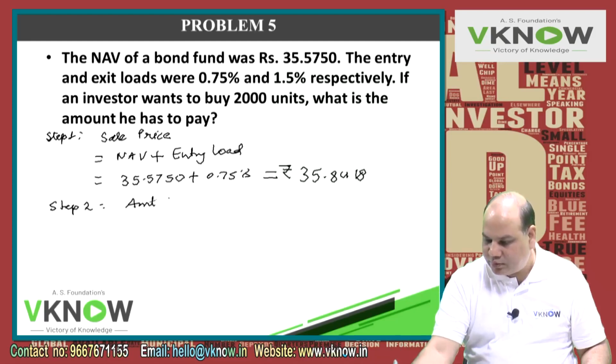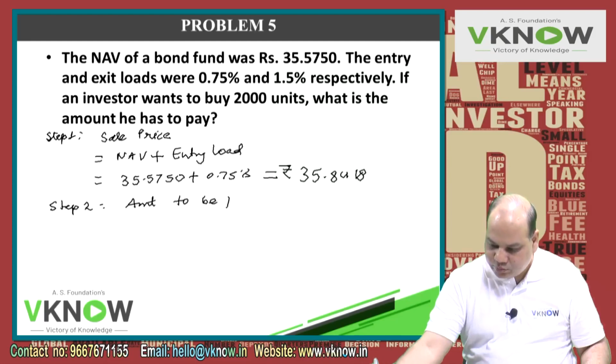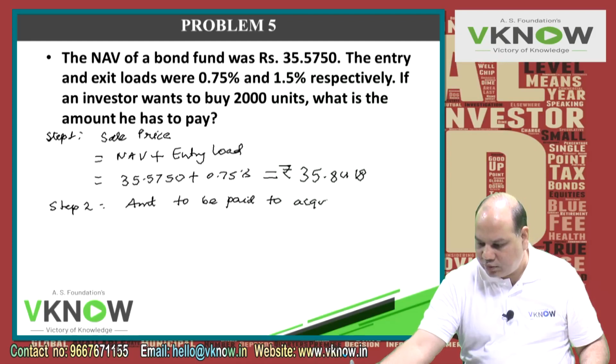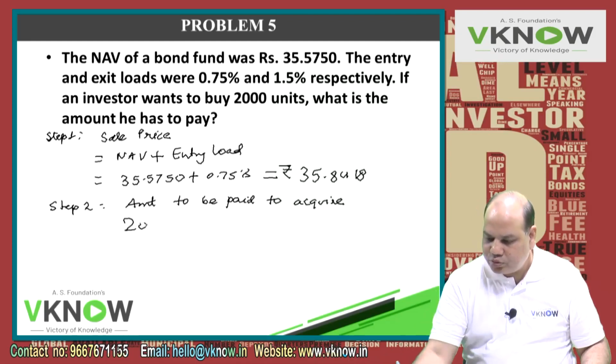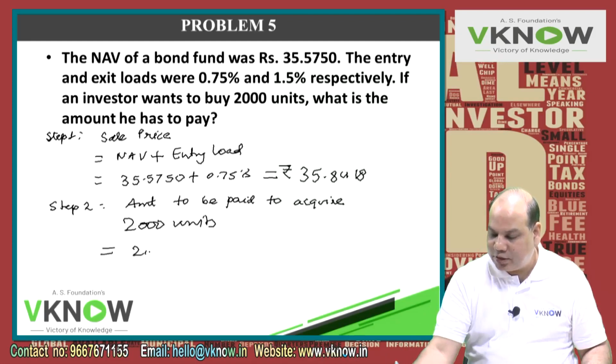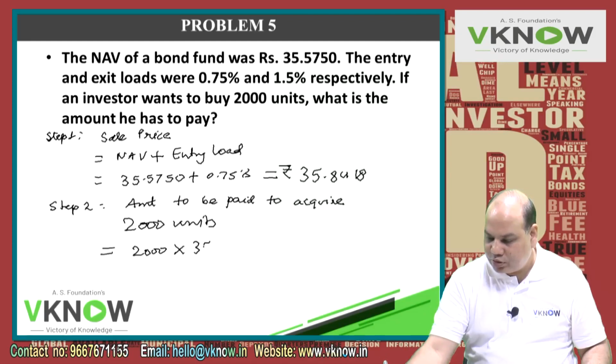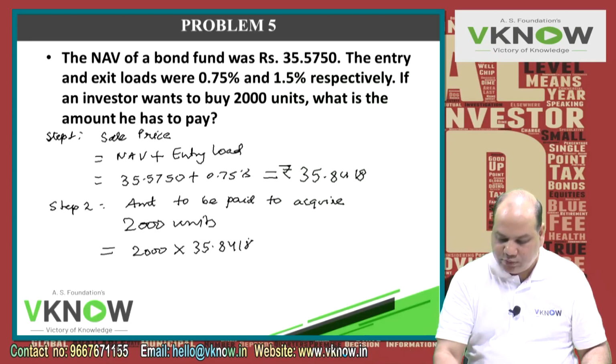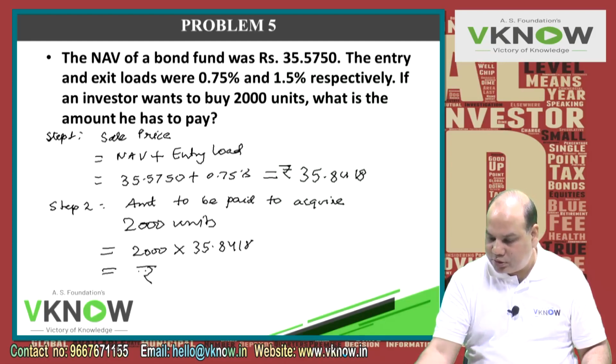And step number 2, amount to be paid. Amount to be paid to acquire 2000 units is 2000 into 35.8418 equal to rupees.